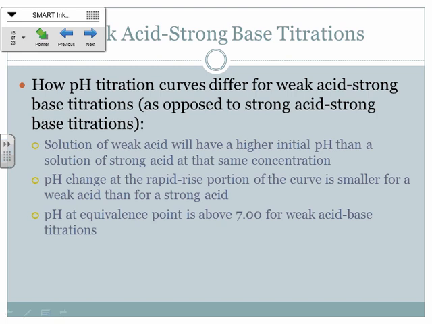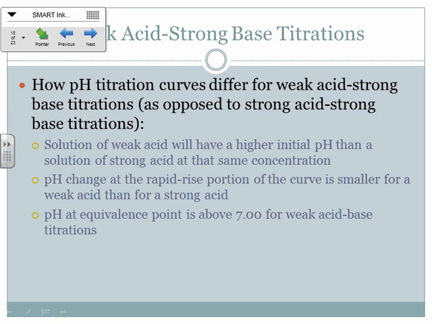There's certain ways that a weak acid strong base titration is going to be different from a strong acid strong base titration, okay? First of all, you're going to have a higher initial pH. So that's one thing that you're always looking for here. What's the pH that I'm starting at? If it's really low, usually 1 or below, then that's probably a strong acid. If it's higher than that, a 2, a 3, or a 4, that's a big clue it's a weak acid that we're starting with, okay?